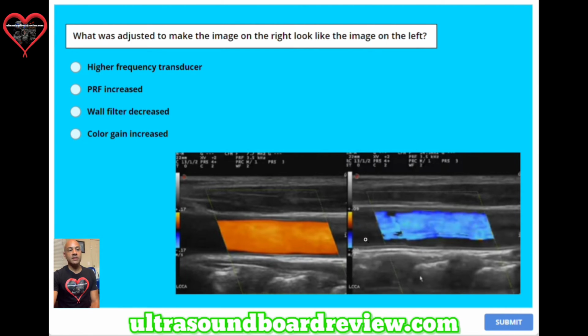Don't be distracted with the different colors here. Just look at the uniformity or how much the color is filling in the vessel. Just because this is blue and this is red does not matter. All we care about is how this image changed to look like this image.